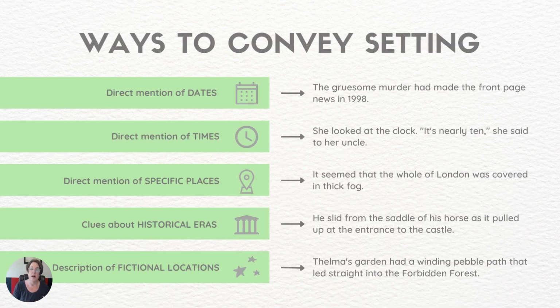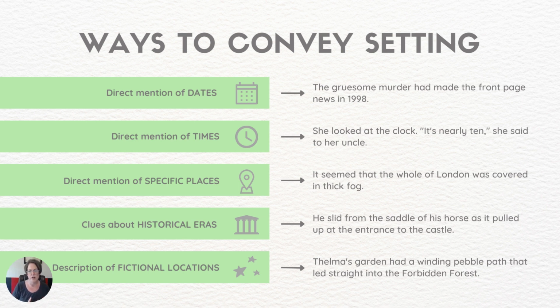Again, you can talk about specific dates or how old you were at the particular time you want to talk about. Direct mention of times, time of day might not come into play. Mention of specific places, you might talk about your bedroom or a classroom or whatever feels relevant for your story.